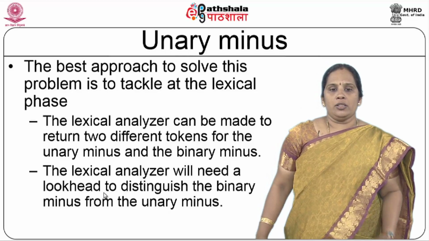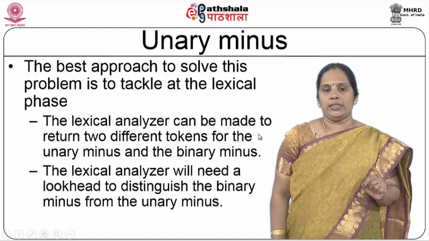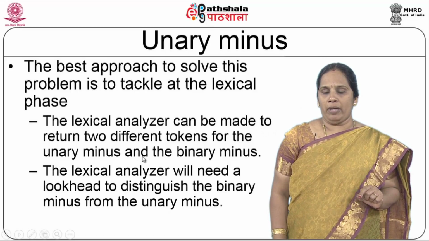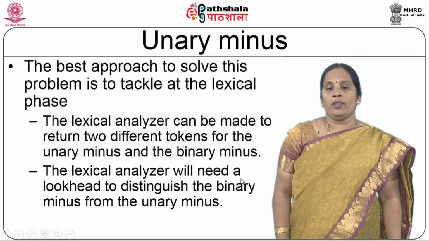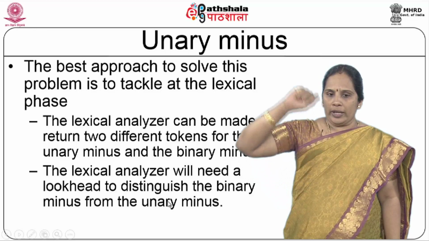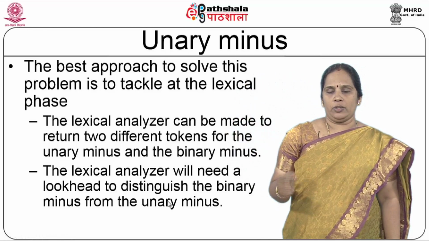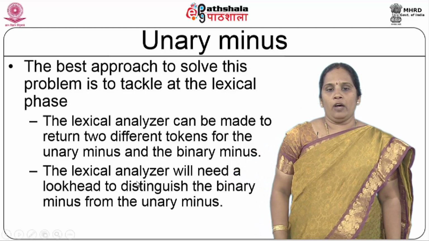The lexical analyzer will need a lookahead to distinguish the binary minus from the unary minus. So, if I look at minus here, I should look at whether there is an operand following it. For A minus B, if it is available, then I will take care of that. So, this is how it is handled.